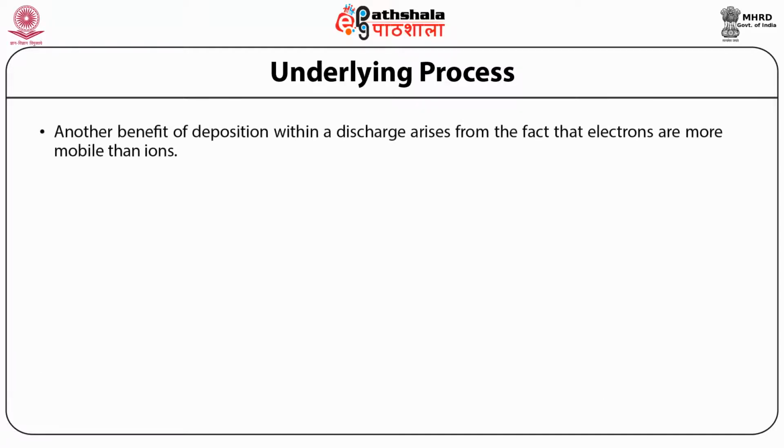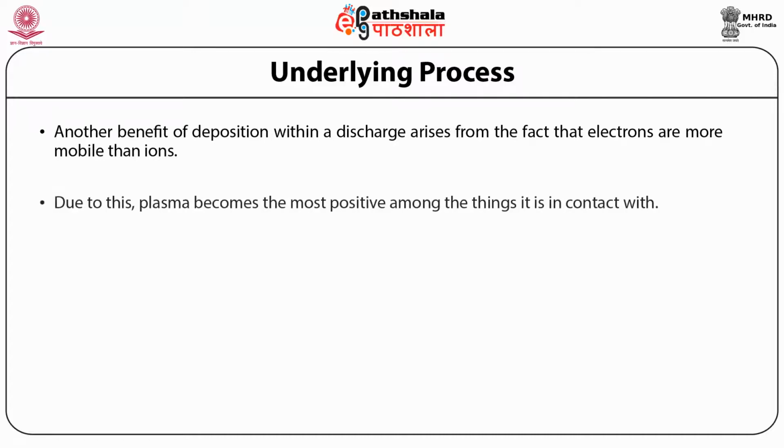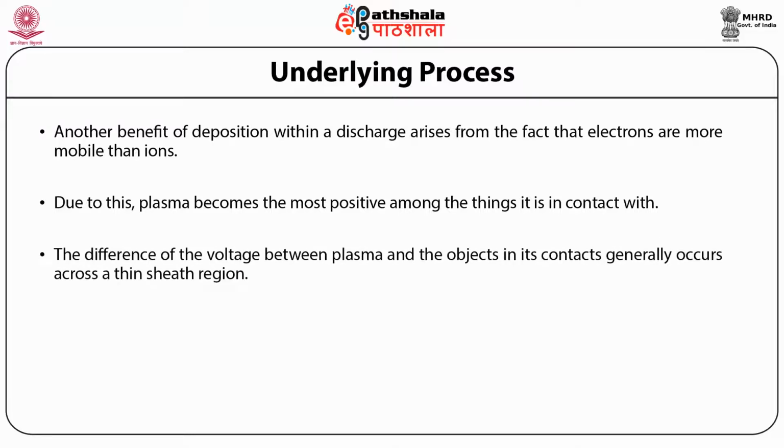Another benefit of deposition within a discharge arises from the fact that electrons are more mobile than ions. Due to this, plasma becomes the most positive among the things it is in contact with. The difference of voltage between the plasma and the object in its contact generally occurs across a thin sheath region.